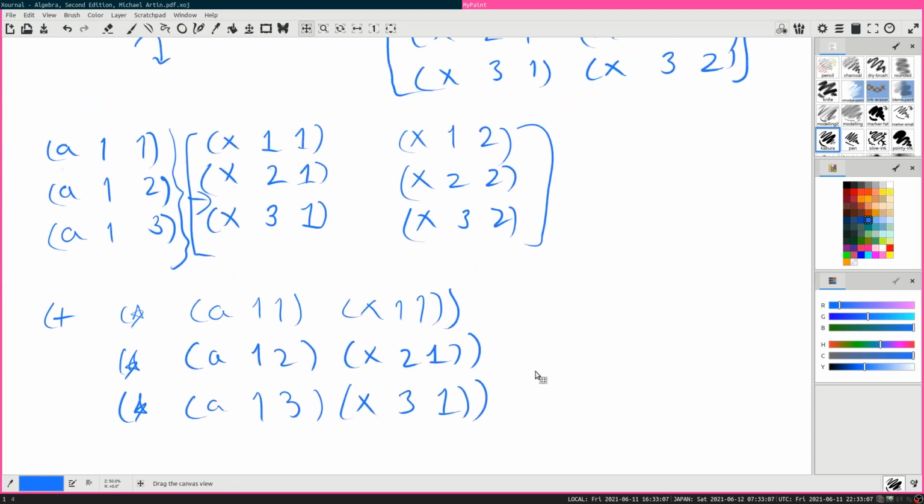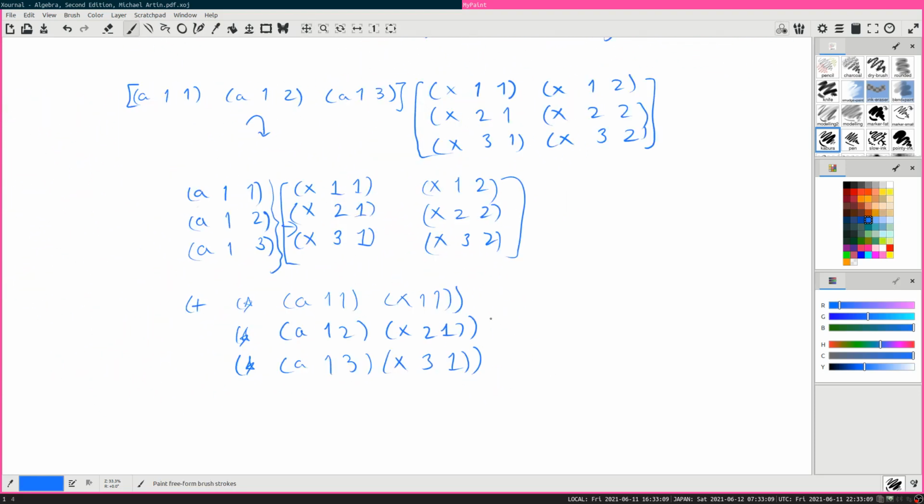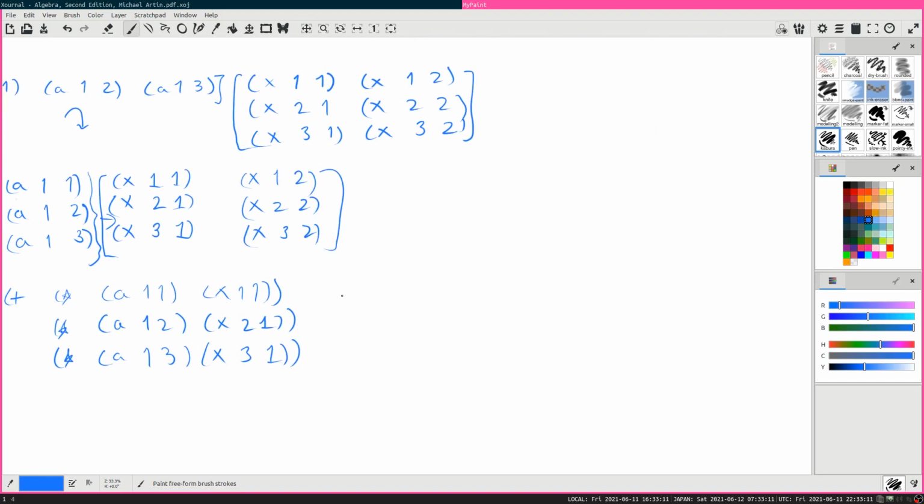Okay, and I guess I'll write it. I'm at 33% zoom. Okay. Plus times a1,1. So we can copy the a's: a1,2, a1,3.